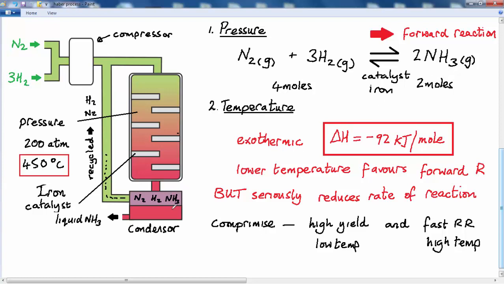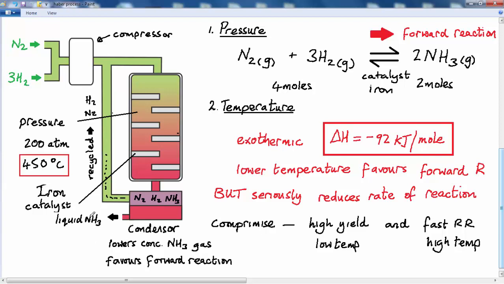So removing ammonia gas from the mixture reduces the concentration. Le Chatelier's principle then kicks in so as to favour the forward reaction, so as to increase the concentration of ammonia gas in this chamber. So we're lowering the concentration of ammonia gas, and that favours the forward reaction.